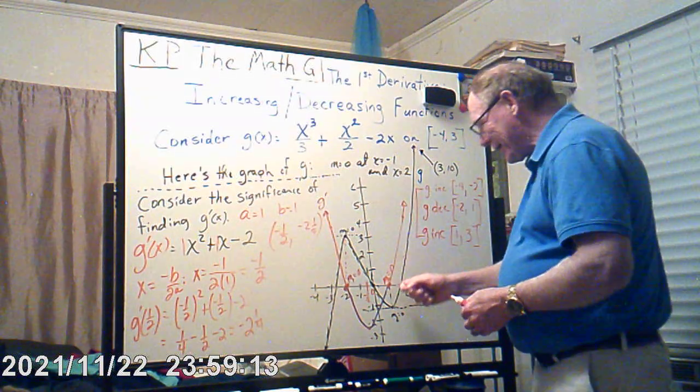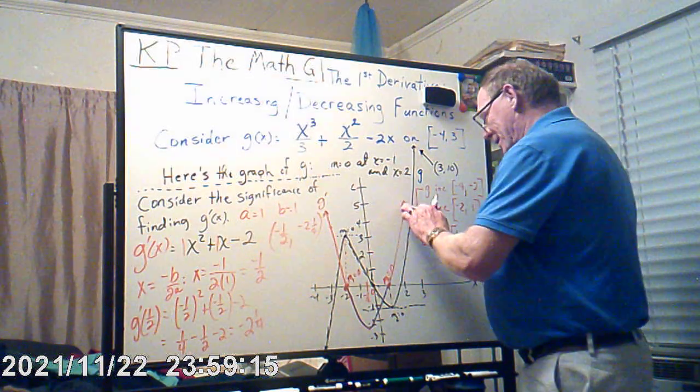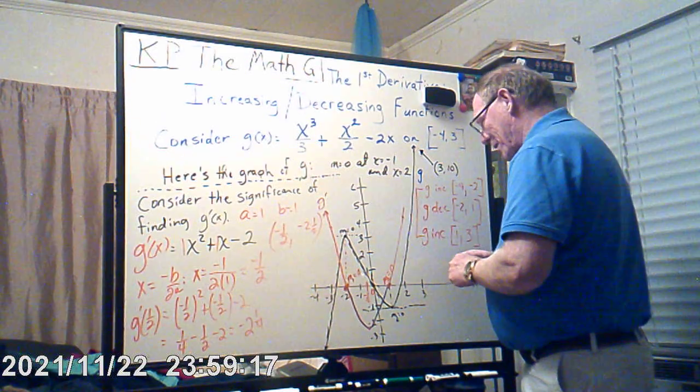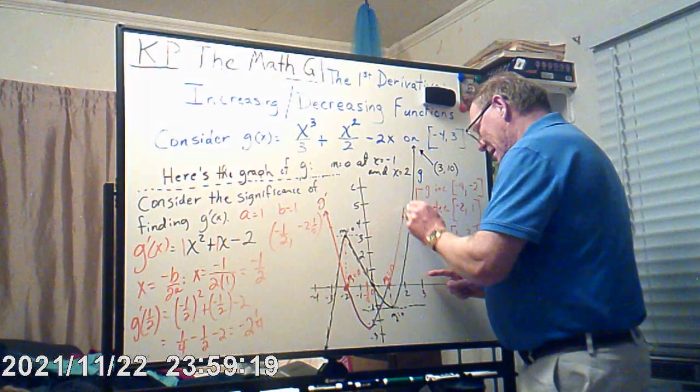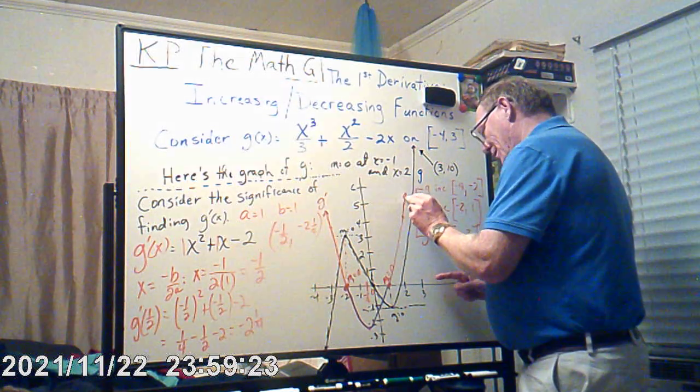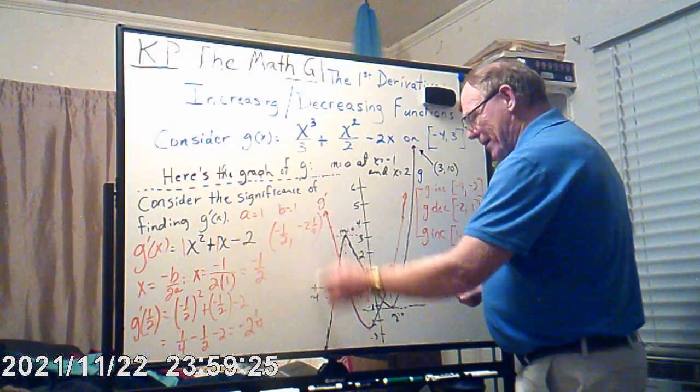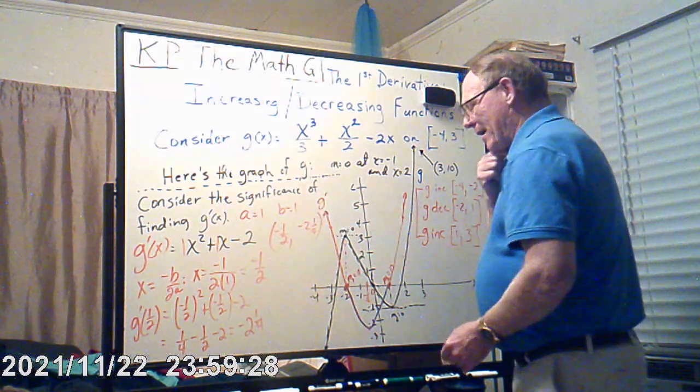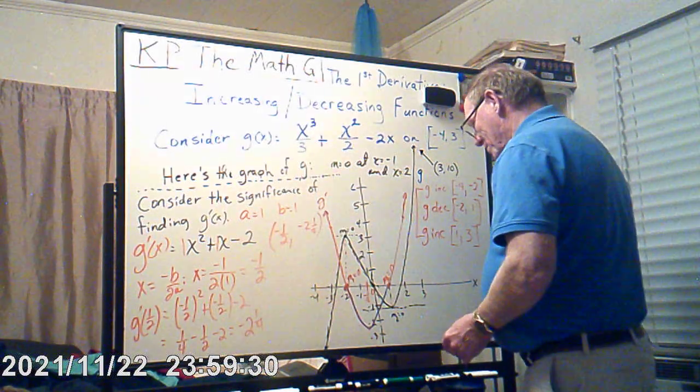So all the way up, we should go all the way to 3. We should go all the way to -4, and look at that and observe that.